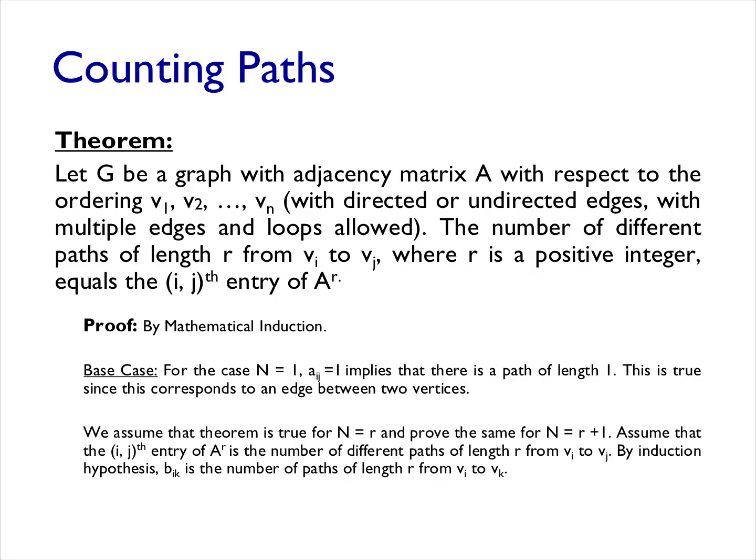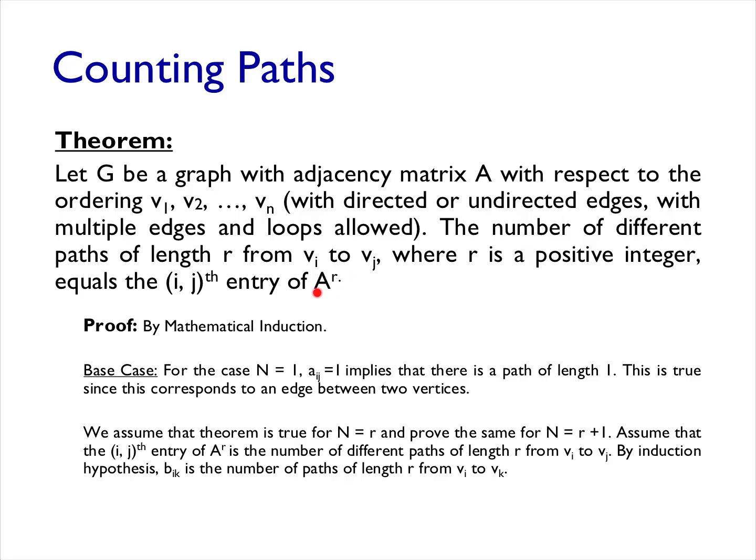Okay. So the theorem says that if you have the adjacency matrix A for a particular graph, and you want to find the number of paths with length R between any two vertices Vi and Vj, what you need to do is to go to the matrix A and raise it to the power R, the length of the path that you are looking for.